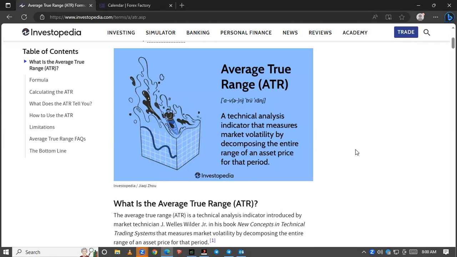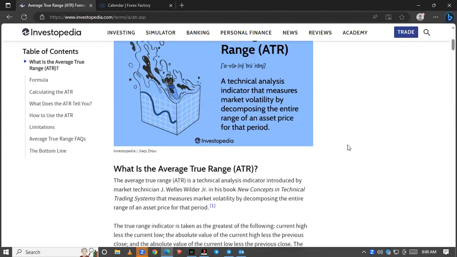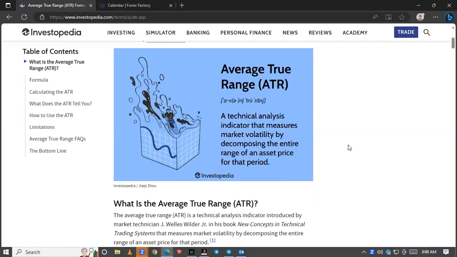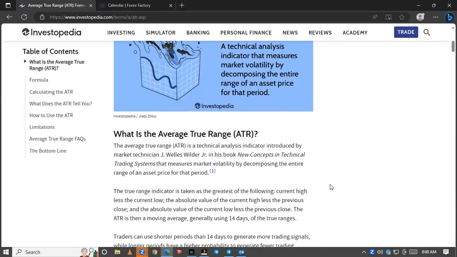These are at least basic indicators, just like a basic RSI, before you go to more advanced indicators. This one was developed by J. Welles Wilder, and in his book, and in most of these forex or basic manuals, you find that it was a new concept in technical trading systems.